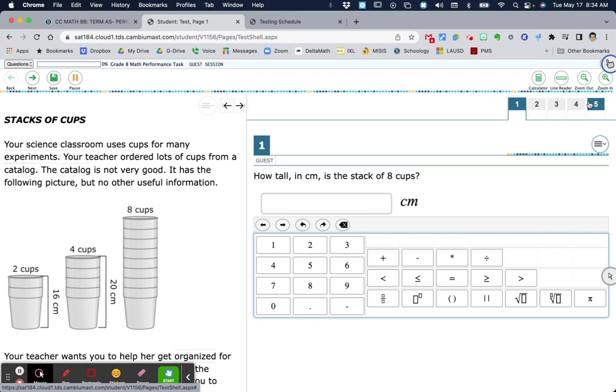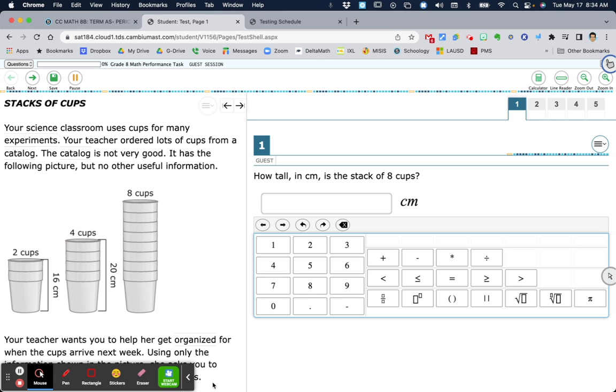It's in 5 parts. It deals with stacking cups. So it says your science classroom uses cups for many experiments. Your teacher ordered lots of cups from a catalog. The catalog is not very good. It has the following pictures, but none other useful information.